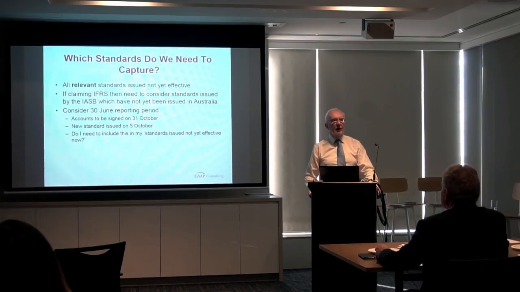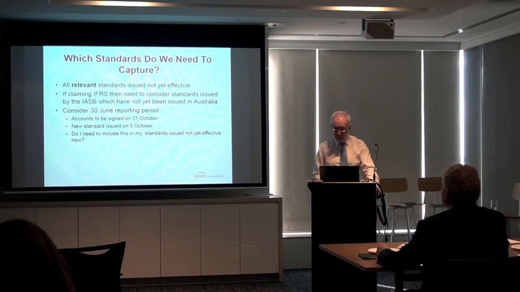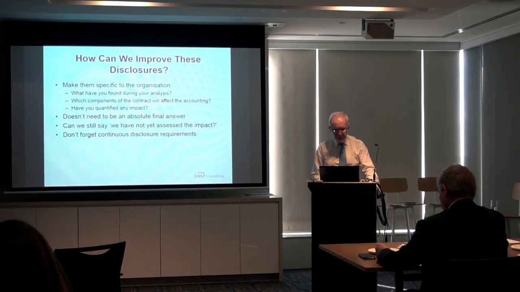So it's not just the standard as at 30th of June, you need to be alert to any new accounting standards that are coming through. I don't see any new accounting standards coming through between 30th of June and the time you sign off in August or September.